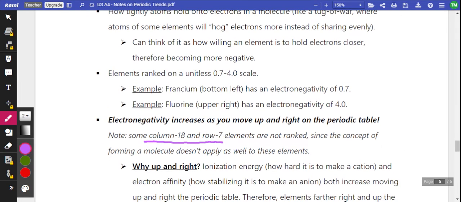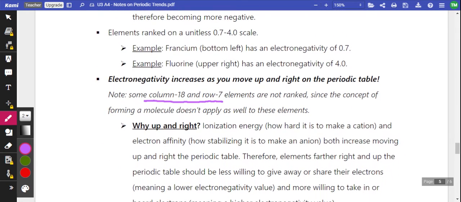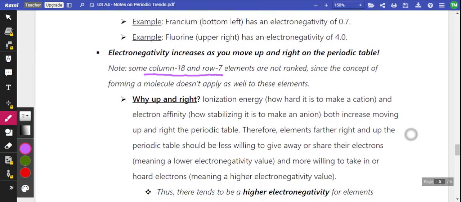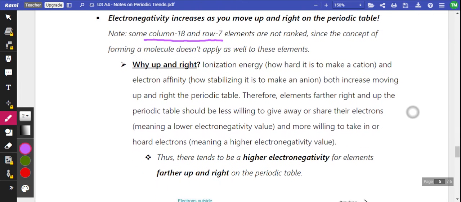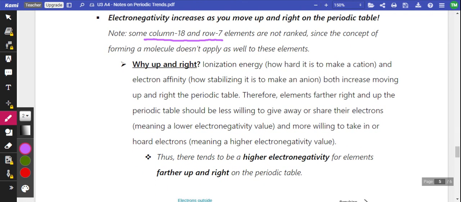Okay, but why do we get this trend? Why do we end up with electronegativities highest in the top right? Why are our elements in the top right of the periodic table more greedy with their electrons, and why are the things down the bottom left a little bit more willing to share? Well, if we follow what ionization energy and electron affinity have told us, ionization energy is essentially how hard it is to make a cation, and electron affinity is how stabilizing it is to make an anion.